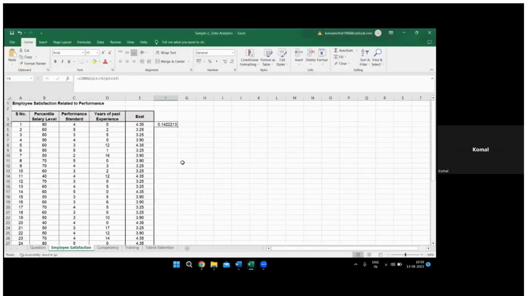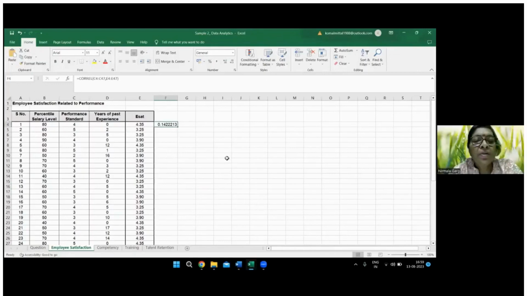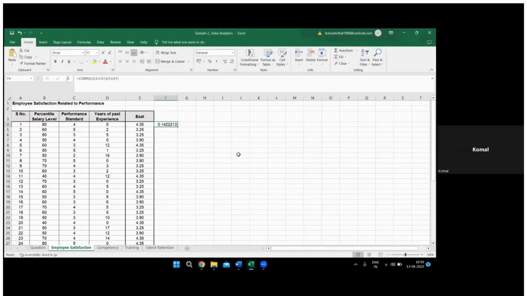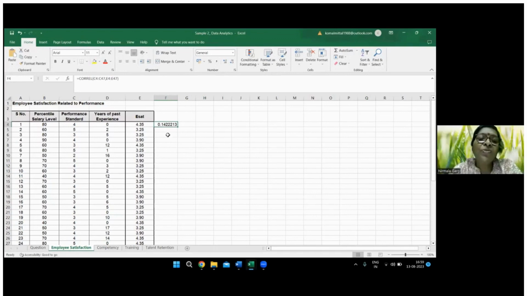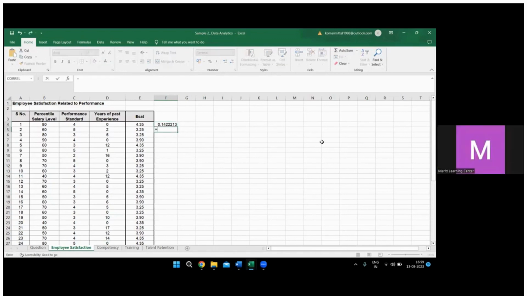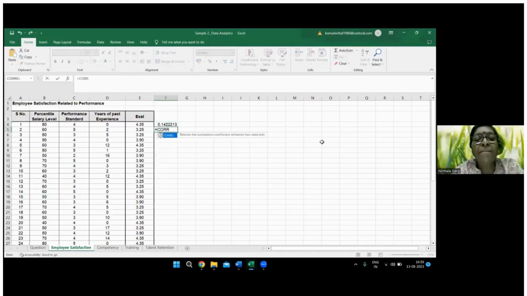Somebody is sharing it? This is how I did. Show me. Can you see, ma'am? I can see 0.14, but I want you to show me how you are doing it. I want you to do it again, all over again. Okay.